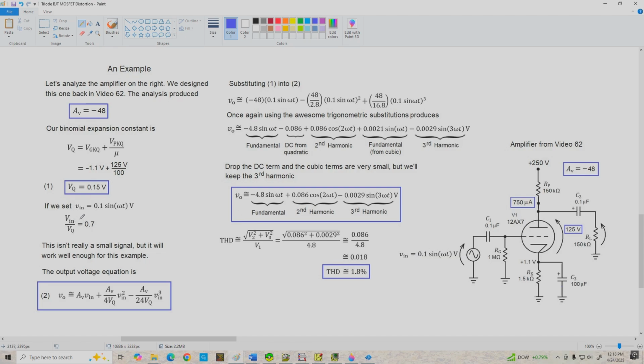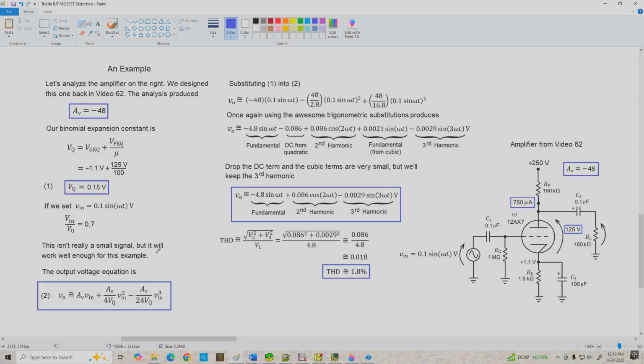That gives us a ratio here of 0.7 for Vin over VQ. And remember, we want this to be much less than 1 for really accurate results, but this is okay. It's not great, but we can still use our binomial expansion, which is shown here in equation 2.